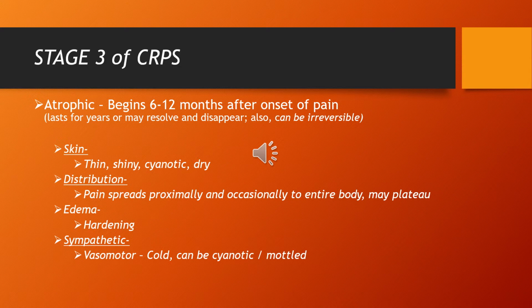The distribution of pain usually will spread proximally, and sometimes it can actually envelop the entire body. This is something that they are doing a lot of research on because they're not understanding this. It's almost as if your body is attacking itself in an autoimmune situation, but they're continuing to do a lot more research on this.